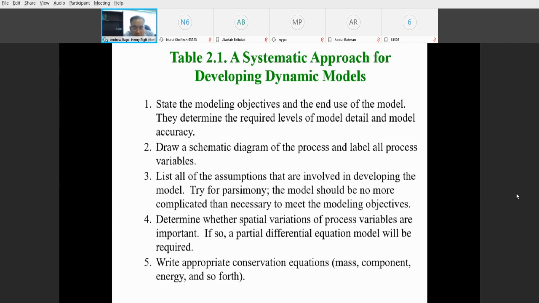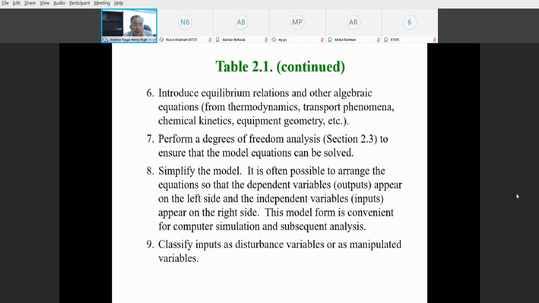Conservation equations talk about mass continuity, component in the x, y, or z direction, conservation of energy, and so forth. There are many others, such as conservation of momentum. Then number 6, we need to introduce equilibrium relations and other algebraic equations from thermodynamics, from your understanding of thermodynamics and transport phenomena.